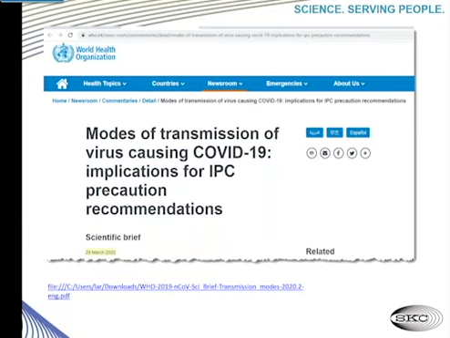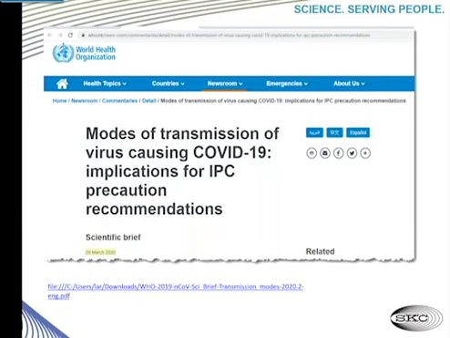For example, droplet transmission occurs when a person is in close contact, within 1 meter, with someone who has respiratory symptoms like coughing and sneezing, and is therefore at risk of having his or her mucosa, in the mouth or nose or in the eyes, exposed to potentially infected respiratory droplets.